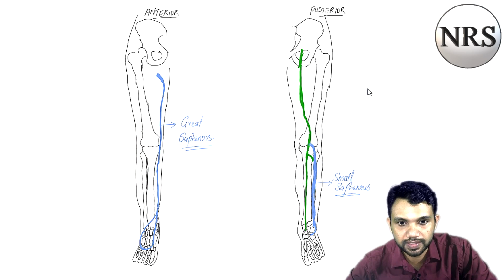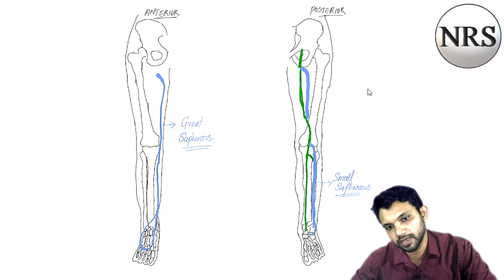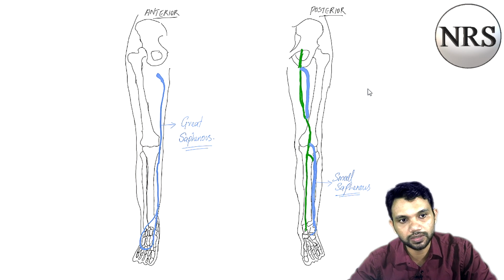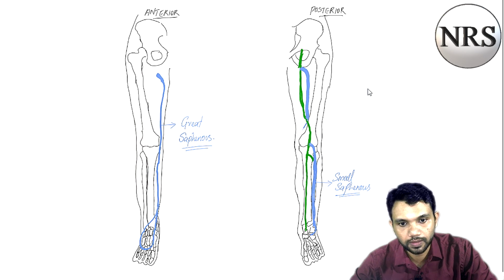The great saphenous vein will start somewhere around here, and it will run on the medial aspect, all the way down to the leg.